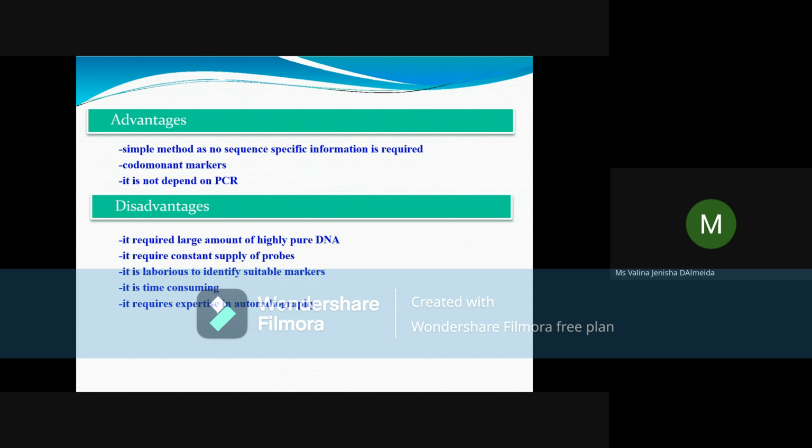So once the Southern blotting is done, the membrane is made to complementarily bind with the DNA of your interest. Now let's say you know a certain sequence of DNA and you want to find whether this DNA is there in this bacteria. So you will add that DNA radiolabeled.